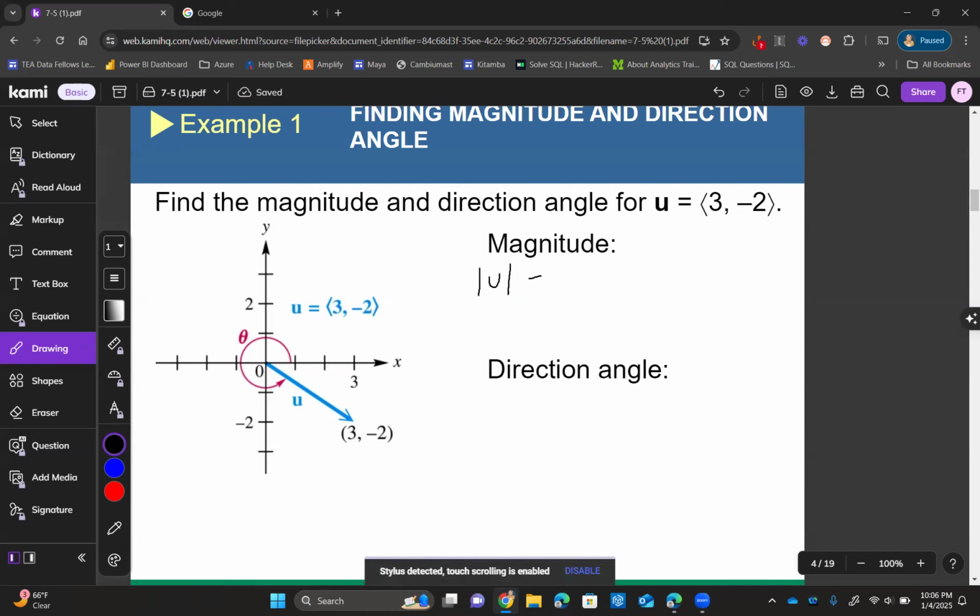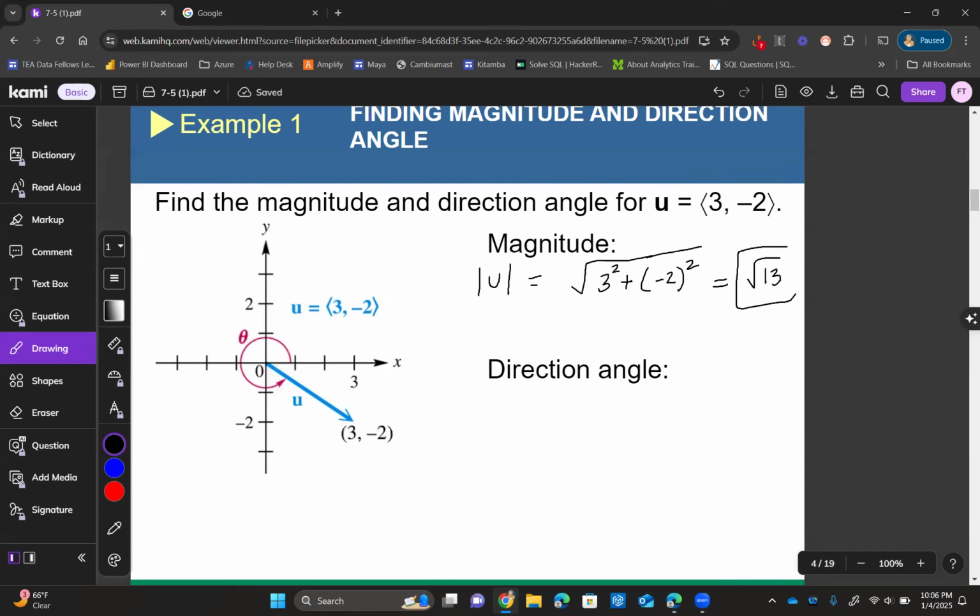This means we're trying to find the magnitude of vector u, and its formula is we will take the first number 3 and square it, and then we will take the second number -2 and square it. So this gives me a 4, this gives me a 9, 9 plus 4 is 13. So the magnitude of this vector is the square root of 13.